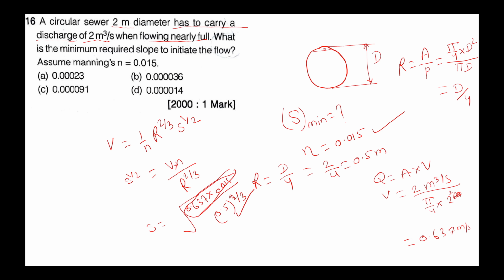You can also use your GATE calculator directly, but you need more practice with the GATE calculator, then you can very easily solve this expression directly. Your answer will come out 0.0023. So this is the slope. Option A will be the correct answer for this.